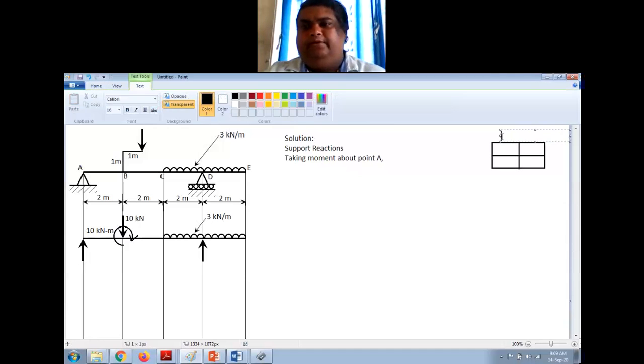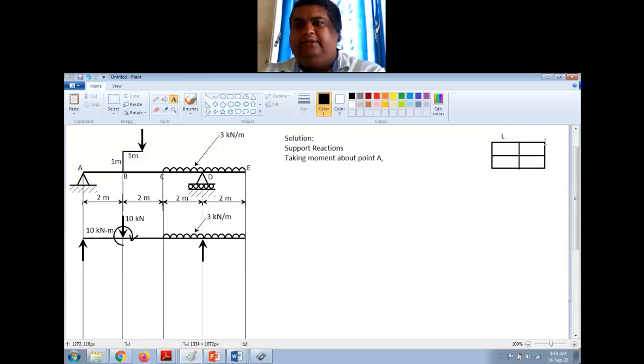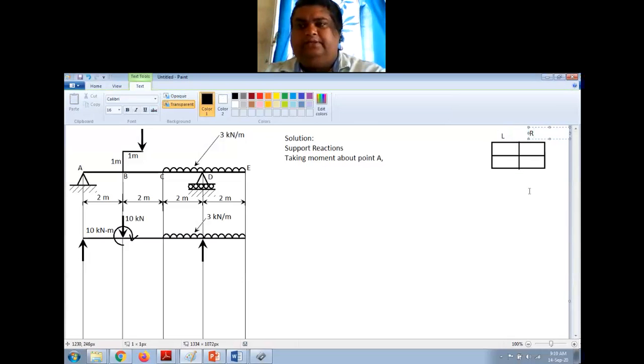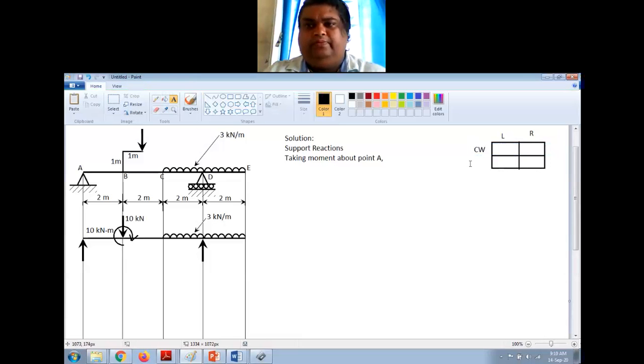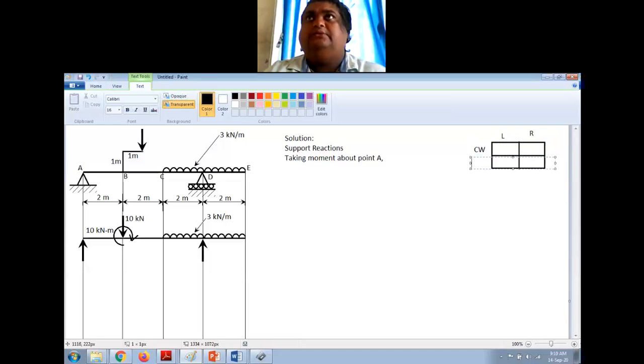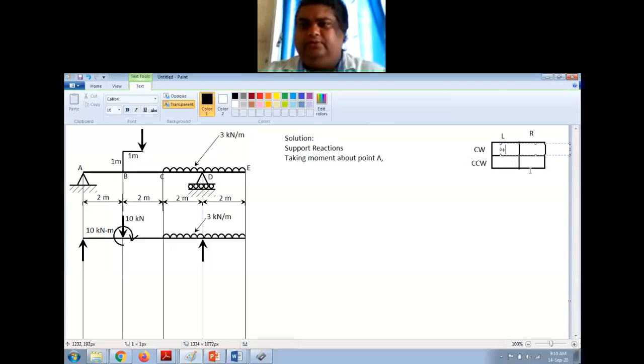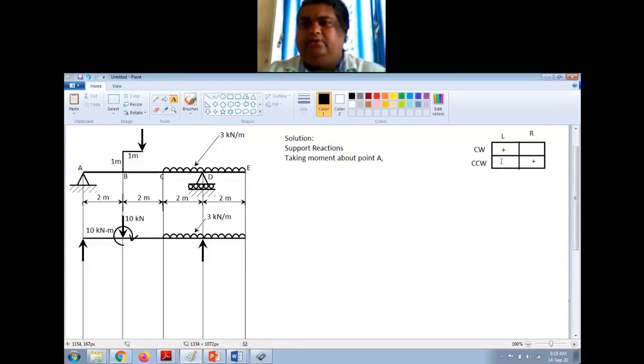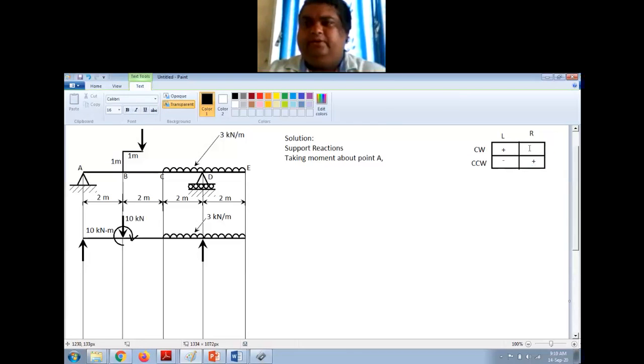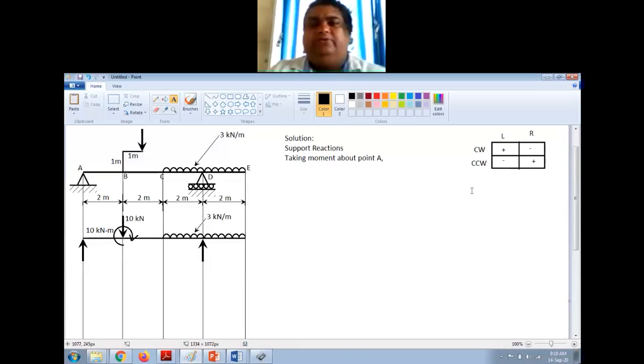This will be the left side, this is the right side, this is clockwise, and this will be counterclockwise. So left side clockwise is positive, right side counterclockwise is positive, left side counterclockwise is negative, and right side clockwise is negative. This is the sign convention we are following.